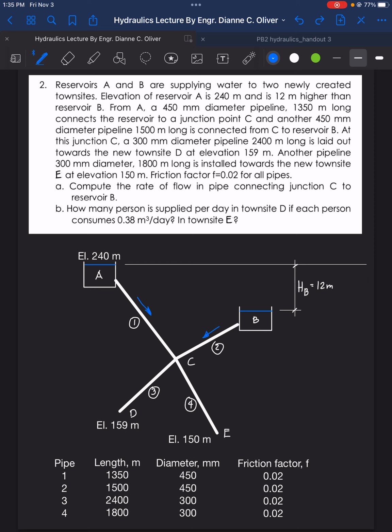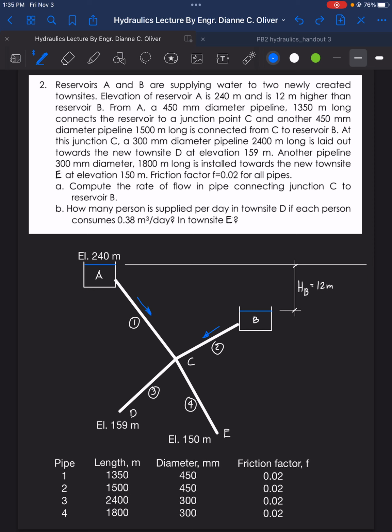Now how about B? Another 450 mm diameter pipe, 1,500 meters long, is connected from C to reservoir B. The word "to" here signifies the connection of the pipeline, but not the flow of water.